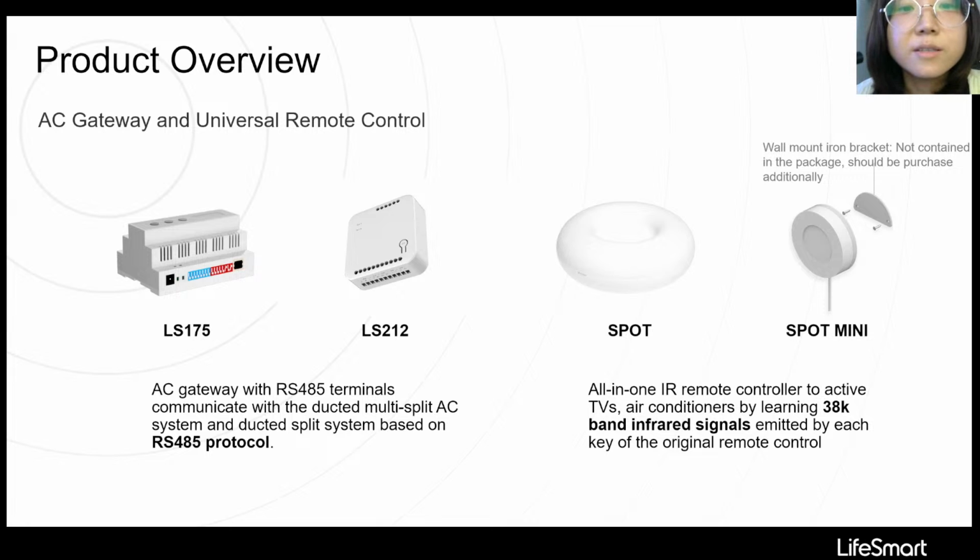First of all, I'm going to talk about the products and the features of each model. The products can be divided into 3 types. The first type, AC gateway. The AC gateway communicates with the ducted multi-split AC and the ducted split system based on the 485 protocol.